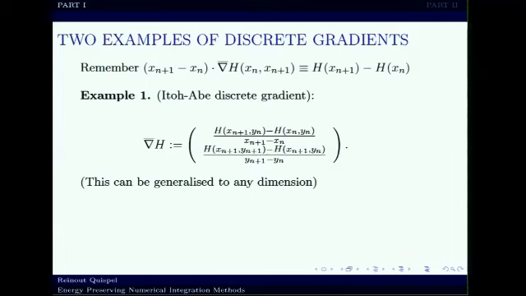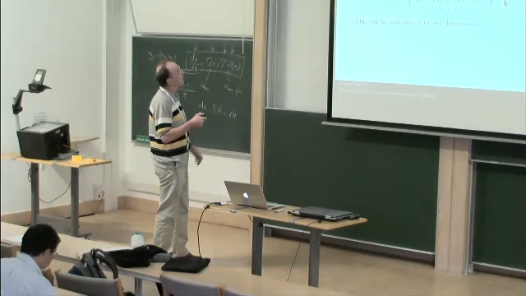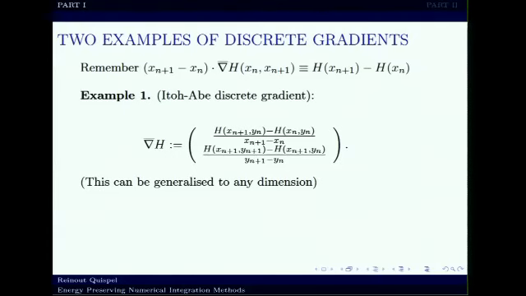Now if we use that definition, which is up there, and we take the dot product with the vector xn plus 1 minus xn, yn plus 1 minus yn, the first component is multiplied by this, so the denominator disappears, so I just get this minus that, plus this minus that. And then if you add that up, this cancels against that, so I just get h at the new point minus h at the old point, which is exactly what I should get.